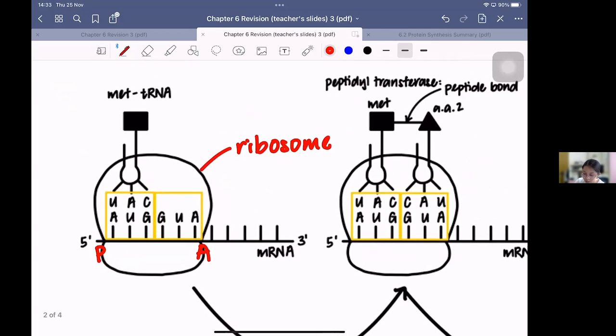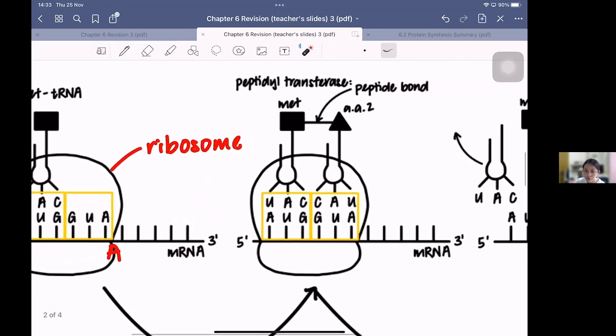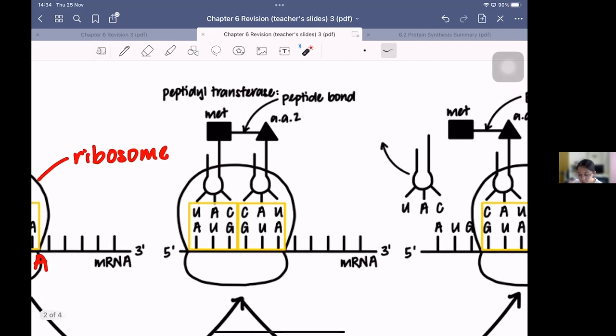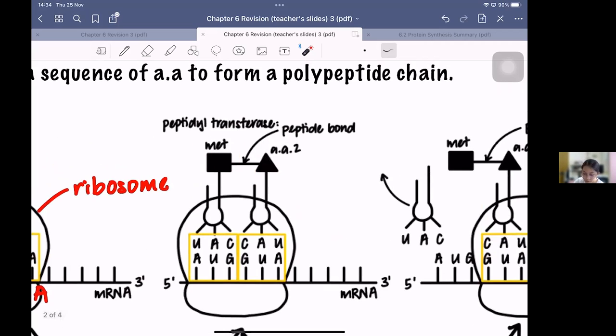So let's look into elongation. The second triplet codon over here is exposed to tRNA. The tRNA carrying the appropriate amino acid will bind into the A site by complementary base pairing between its anticodon and the codon on the mRNA. When the first amino acid, methionine, and the second amino acid are side by side, there is an enzyme called peptidyl transferase, which catalyzes the formation of a peptide bond between the two amino acids.